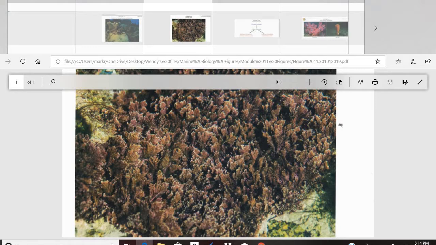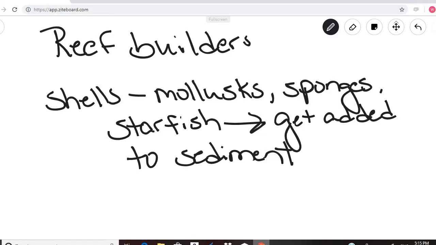And so basically, the dead remains of mollusks and sponges and starfish are on the sediment, and then it gets surrounded by this algae, that's just going to add to the growth of the reef. Okay, so those are the reef builders.